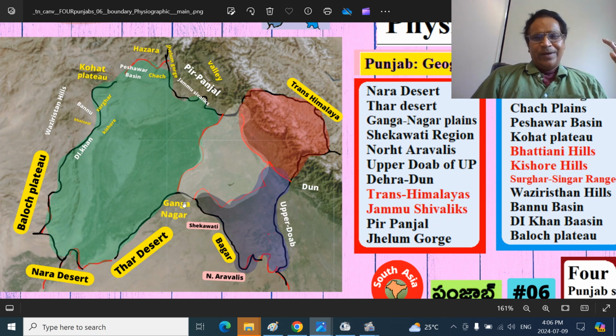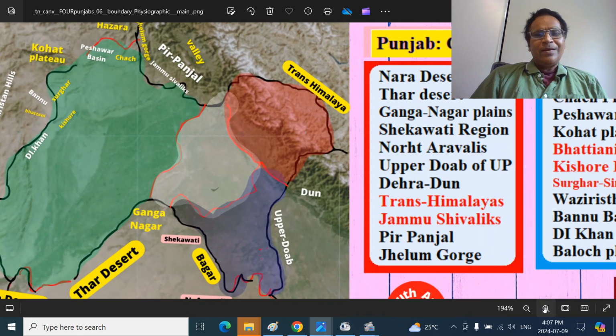Bagar is arid sandy plains bordering the Punjab plains, next to the Thar desert. That is not different from the Bangar region, the older alluvium. Much of this is the Bangar region. Then this historic region is called the Shekawati region, which essentially includes Churu district, Jhunjhunu district, Sikar district, and so on.